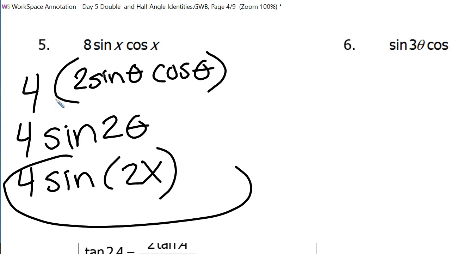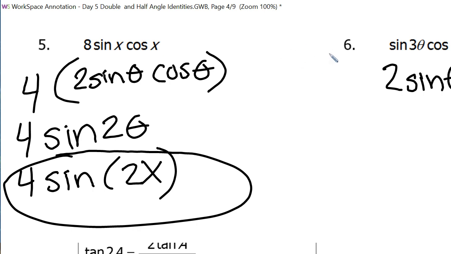Number 6, we have sine of 3 theta, cosine of 3 theta. Does that match one of our formulas exactly? No, but which formula does it look like? Yeah, it looks like the formula that's 2 sine theta cosine theta.